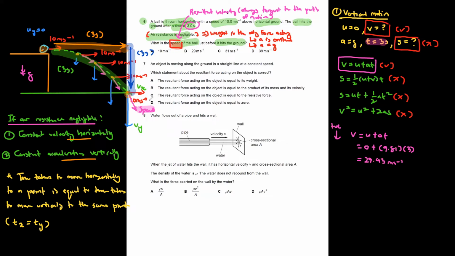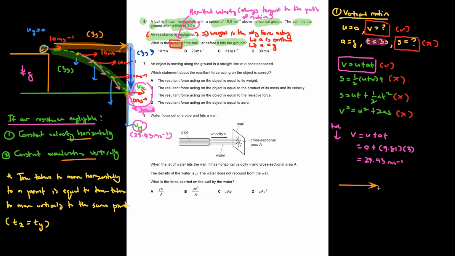So right over here is 29.43 meter per second for Vy. And your Vx is actually 10 meter per second. So from there, you can now find out your resultant. If you were to draw your velocities Vx and Vy from head to tail, this is what you're going to get. This is Vx.